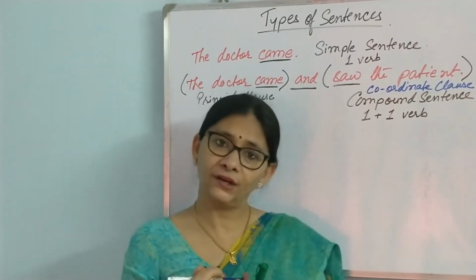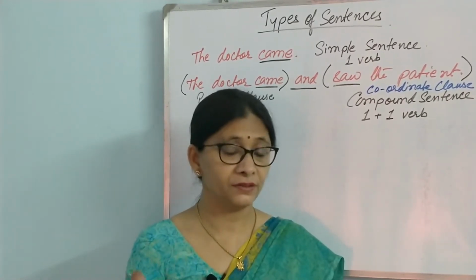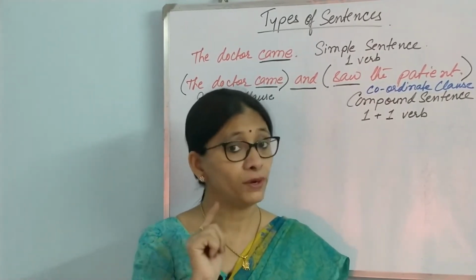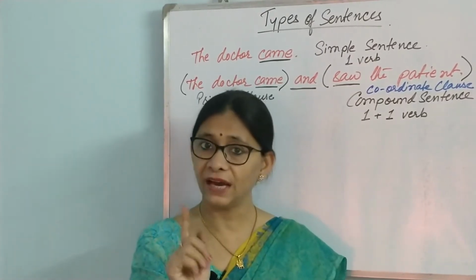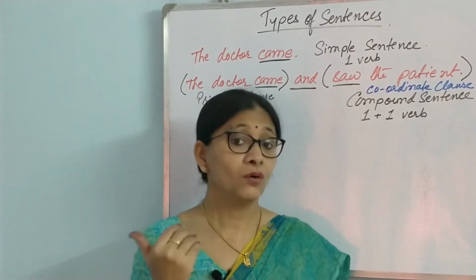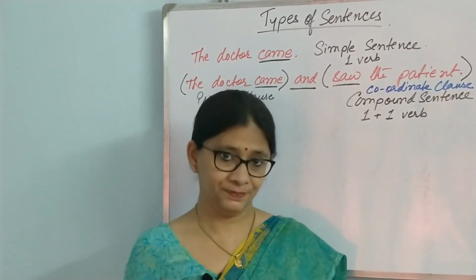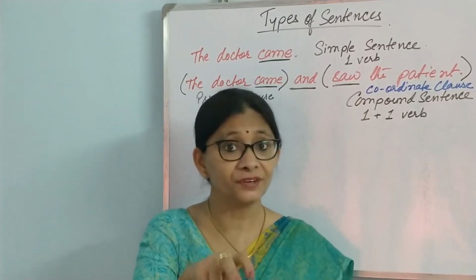I would like to mention one more point here, students, that in order to know the types of sentences, we have to know first what is a phrase, then what is a clause. Phrase and clause idea we have to have. Then we also need to know what are verbals, because here we need to really concentrate on the verbs.